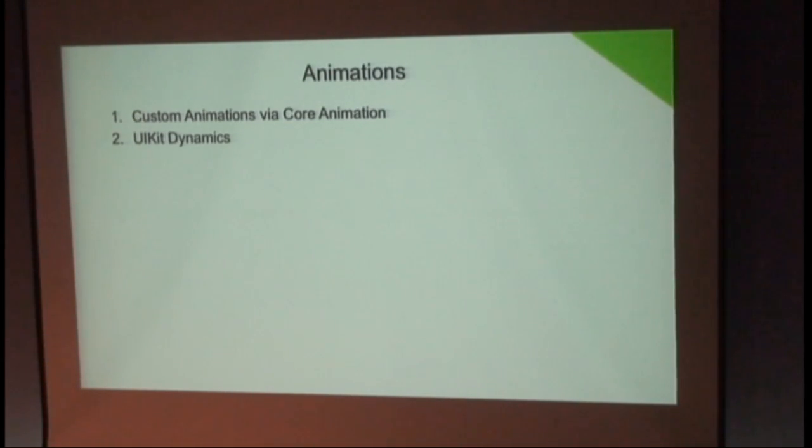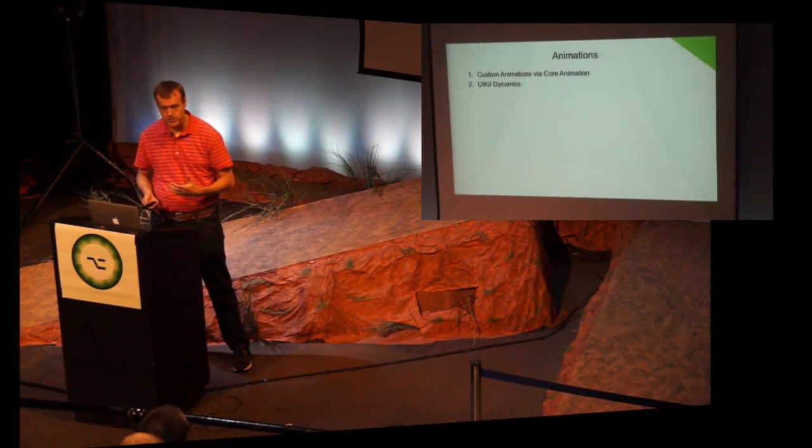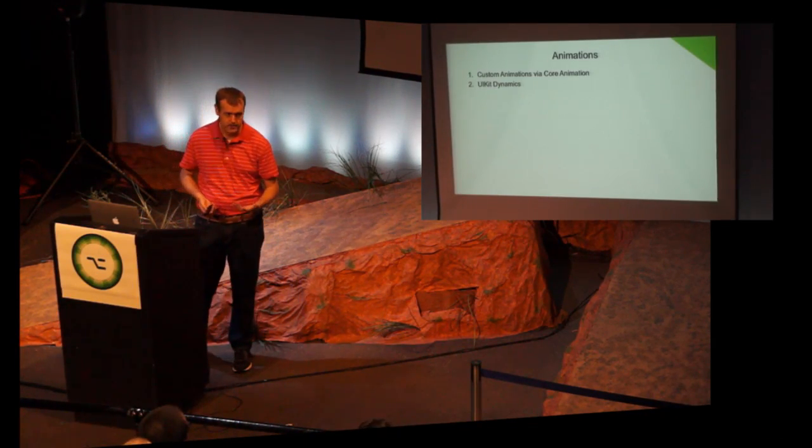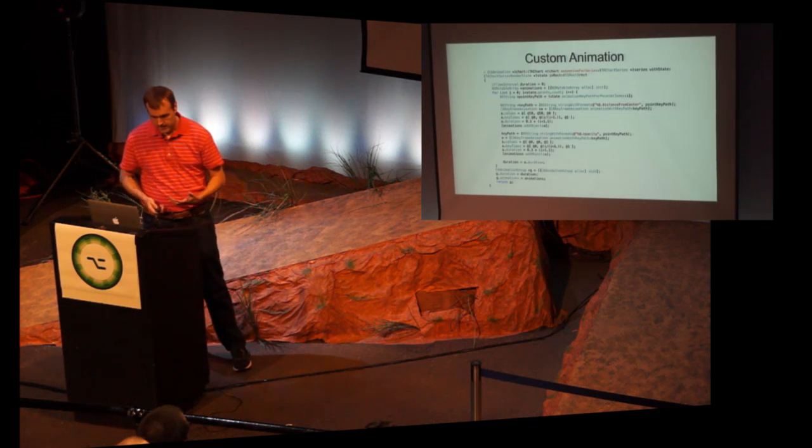Then we get into animations. As I said before, we decided to target iOS 7 right off the bat. But we also had a lot of users that were coming from 6 and were still very familiar with Core Animation. So we allow people to use either Core Animation or UIKit Dynamics.